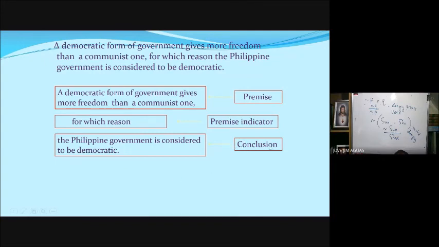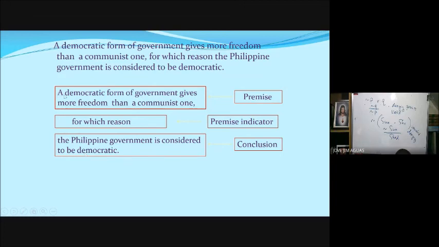Now remember, this is the conclusion. The subject of the conclusion is the minor term. And the minor term should be in the minor premise. This is the major term, considered to be democratic, and the premise that contains this should be the major premise.